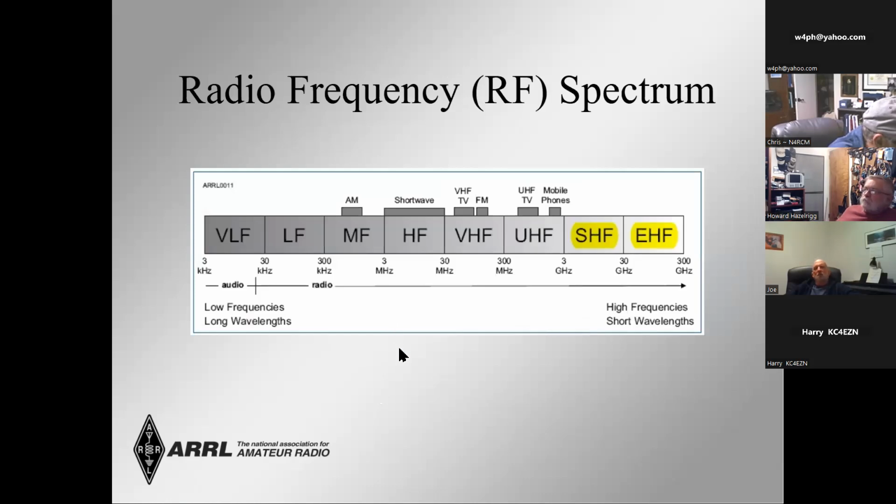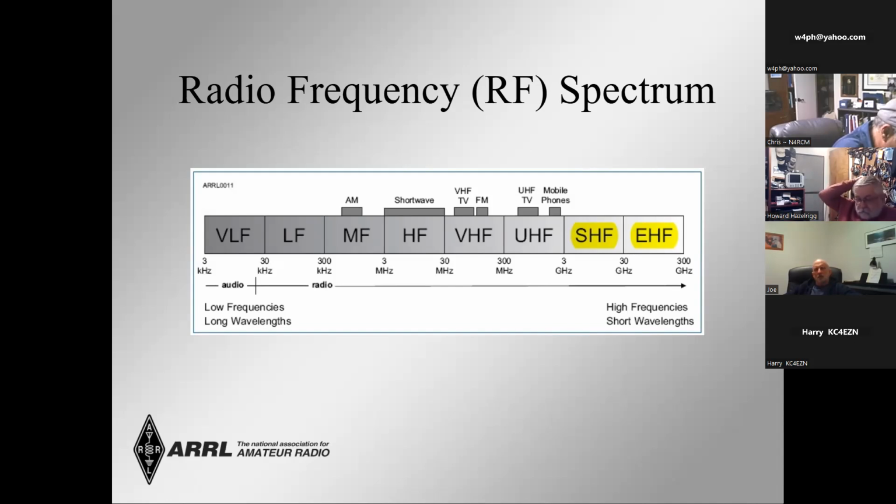Now, they have divided the radio RF spectrum into, as they say, bands that kind of behave the same. For instance, in this case, and we'll go through it, the very low frequency VLF band is 3 kilohertz to 30 kilohertz.